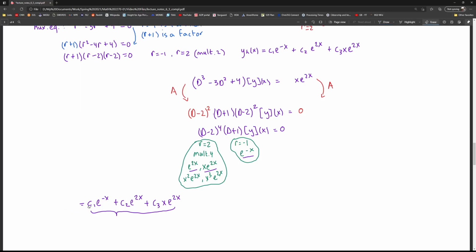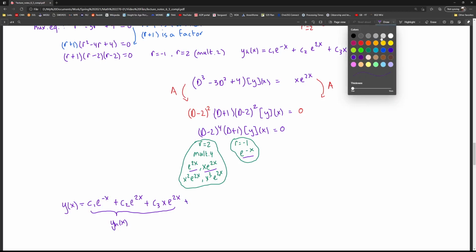So this is y of x, and I started writing down the first part, that's yh of x. And then the second part, that's the particular solution.